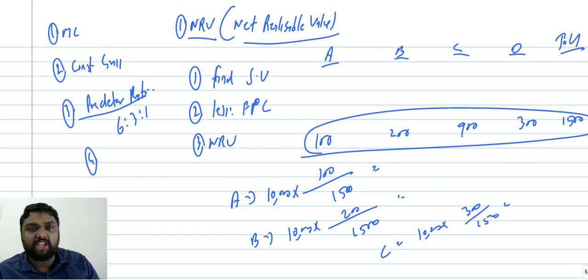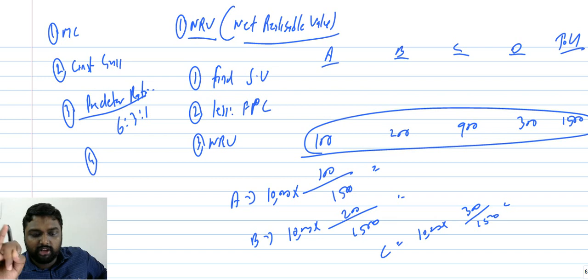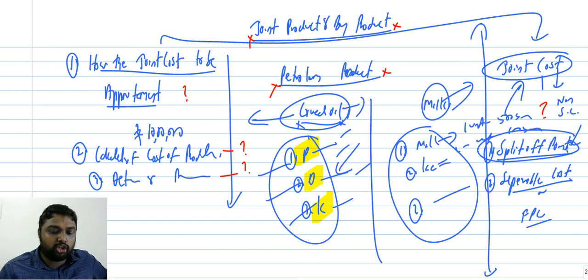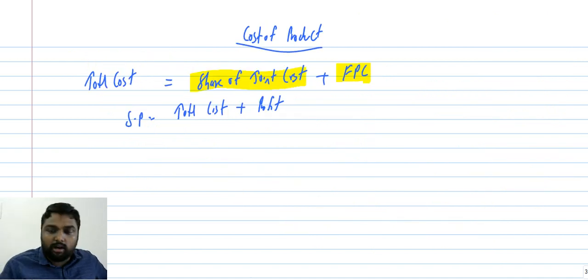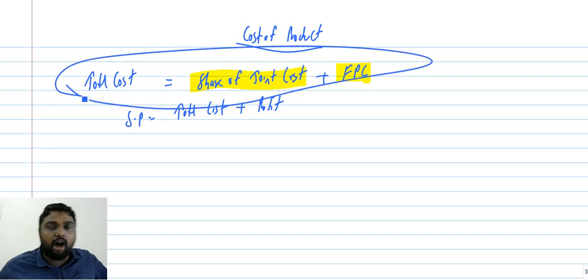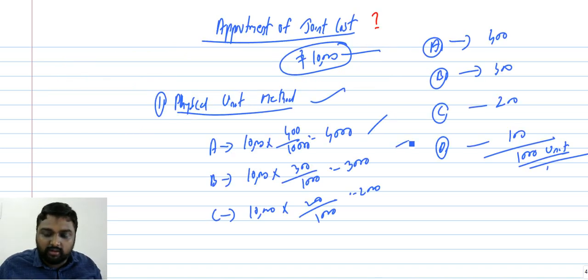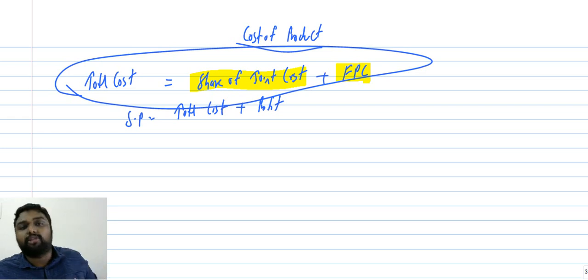So in this chapter, we have to mainly discuss three things. First one, apportionment of joint cost. Once you apportion the joint cost, you should understand that the total cost of a product under joint cost will be share of joint cost plus further process cost. What is this further process cost, sir?